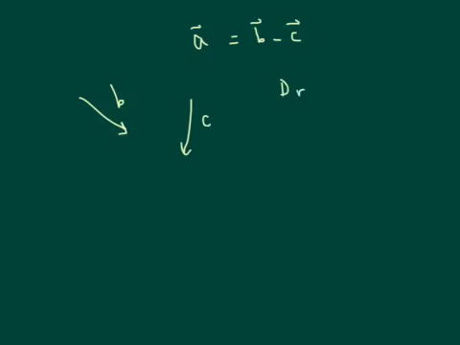And the question says, draw a. In other words, it's asking us to draw this vector minus that vector. Step 1 in performing our subtraction, step 1 of the shortcut, is draw the 2 vectors tail to tail. So I've now put b and c tail to tail.